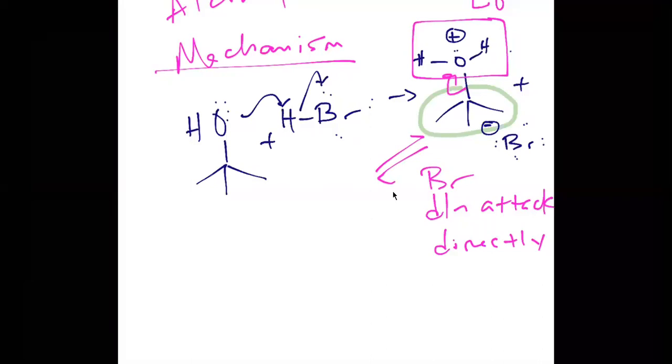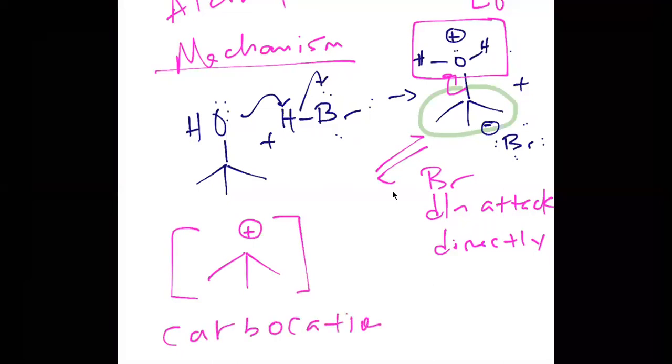So that's going to give me an intermediate, which looks like this. It gives me a carbocation intermediate, plus Br minus. So in the second step, that's the loss of the leaving group.